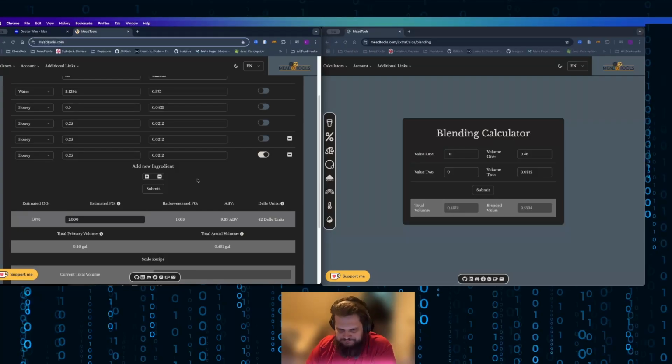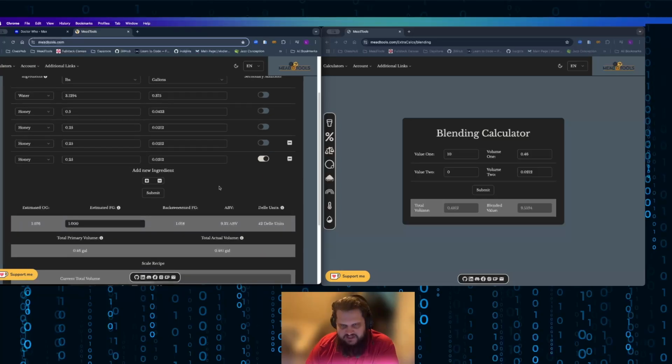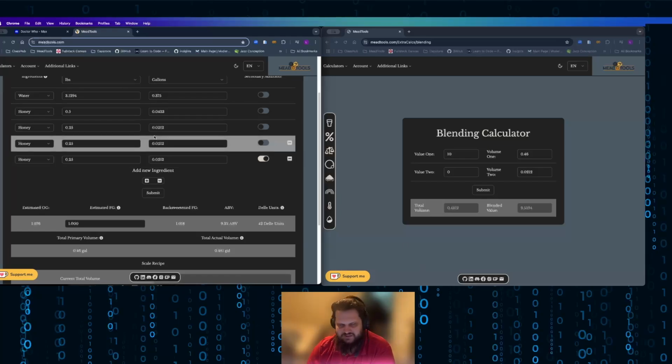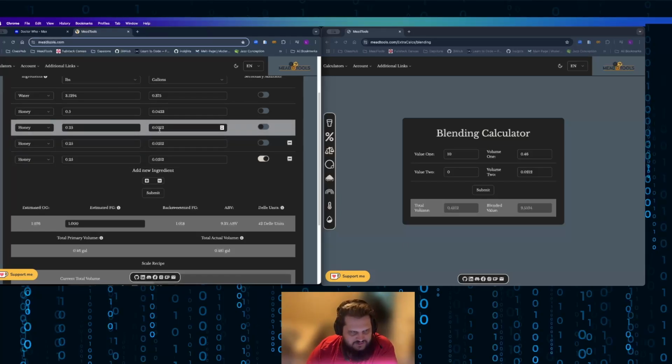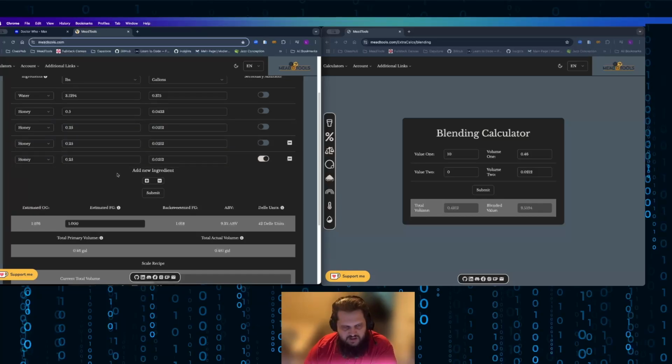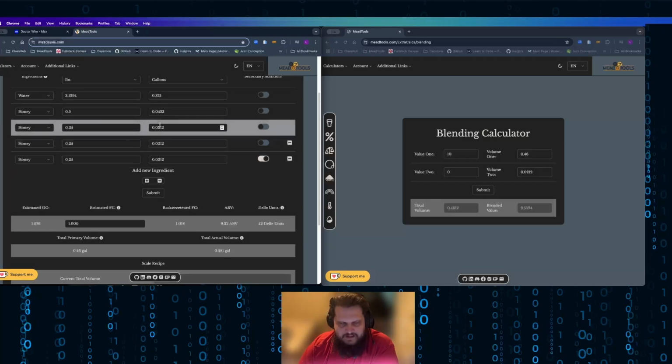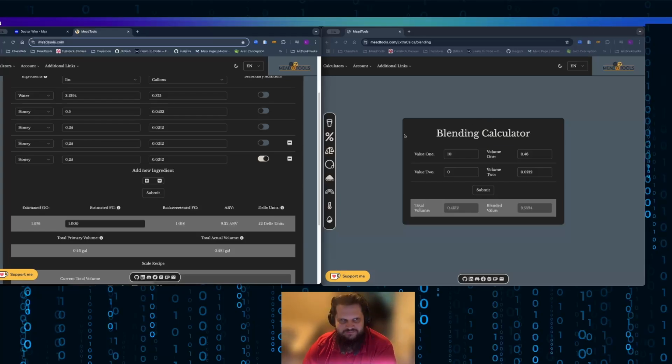And all of this goes to show that step feeding is the exact same as if you put it all in primary. The difference you have to account for is how much volume you are adding at each step. So you can see at every single step here, we are adding 0.0212 gallons of liquid. And you wouldn't think that would make a huge difference in your ABV or volume, but that happens 3 separate times.